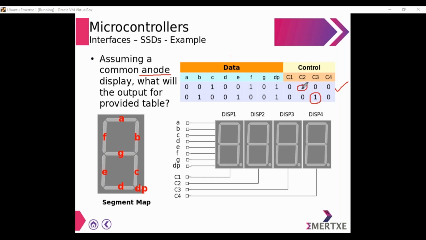If C2 is provided with 1, which SSD will be selected? It is the second SSD. And C3 provided with 1, it is the third SSD. Now tell me what gets displayed on the second SSD and what gets displayed on the third SSD. Consider it as a common anode configuration.